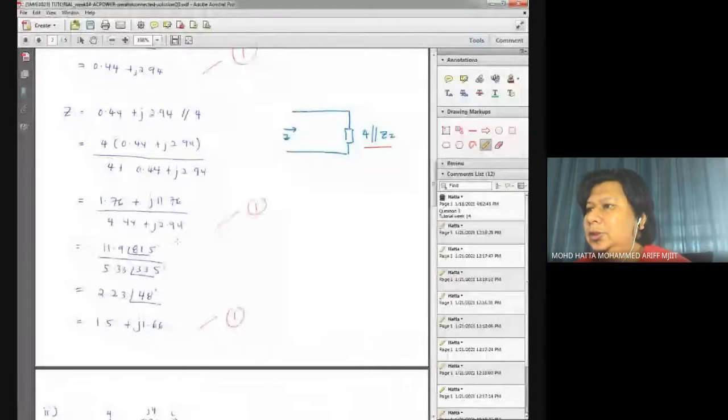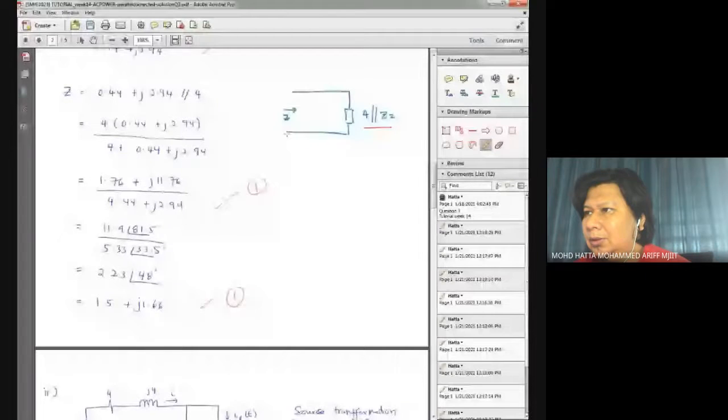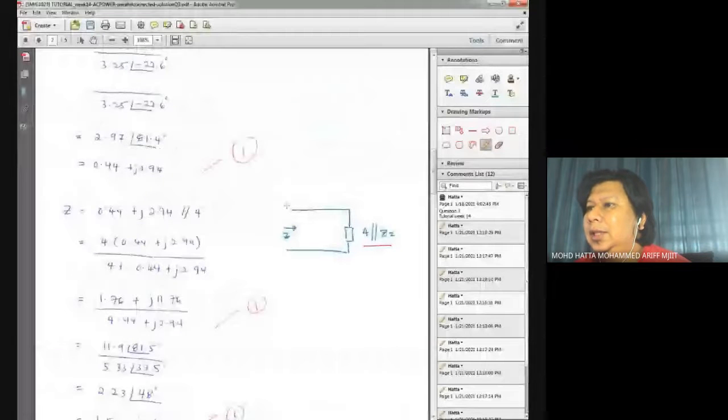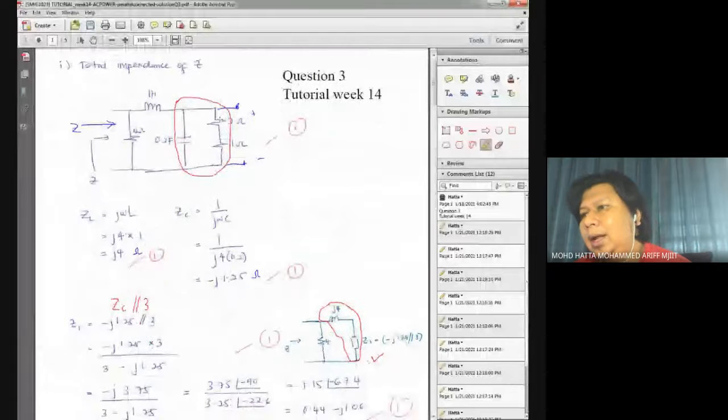What I'm trying to discuss here is the way you simplify this circuit until you get your final value of total impedance. First, you see that these two can be combined into one element.